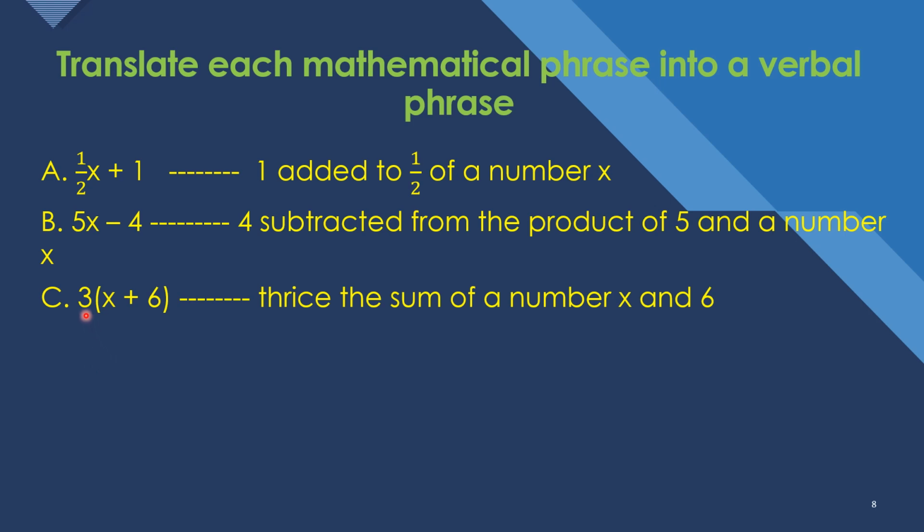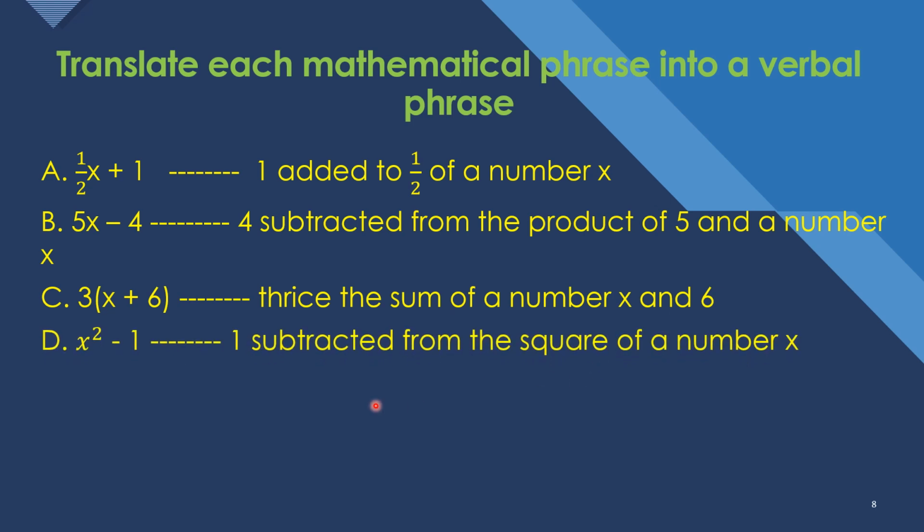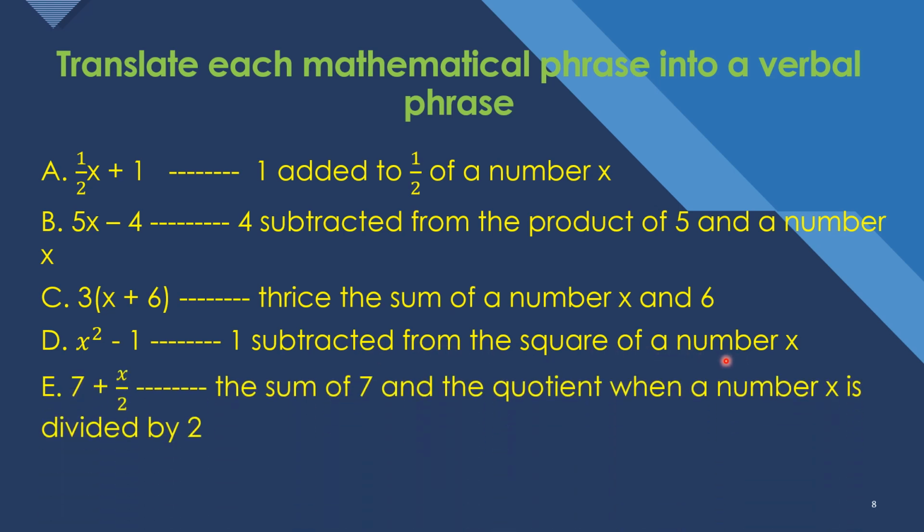We have 3 times quantity x plus 6. That means thrice the sum of a number x and 6. Okay. Then we have x squared minus 1. That means 1 subtracted from the square of a number x. And e, we have 7 plus x over 2. The sum of 7 and the quotient when a number x is divided by 2.